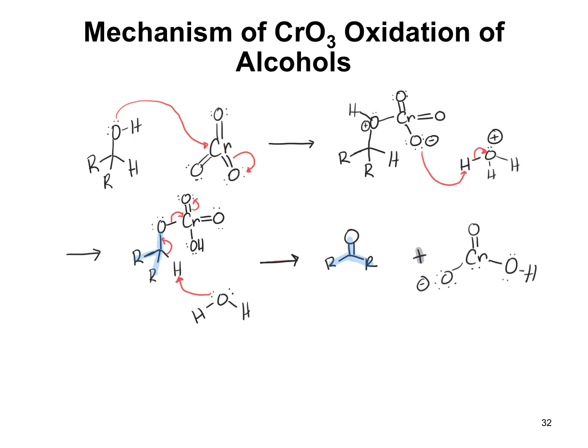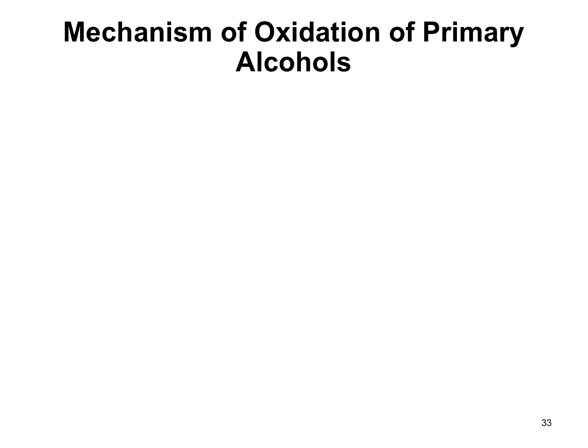So this was a secondary alcohol, right? But let's look at the mechanism of a primary alcohol, because primary alcohols will be oxidized to either aldehydes or carboxylic acids depending on the reagent. So here we get a ketone, but let's look at those primary alcohols. When we look at primary alcohols, what we're going to see here are kind of two things.